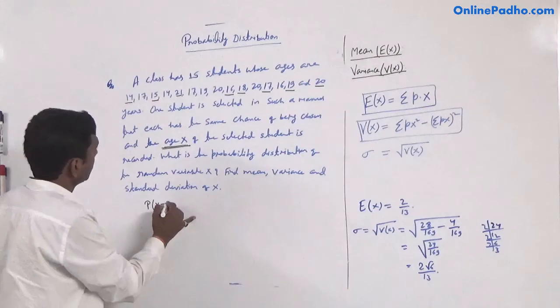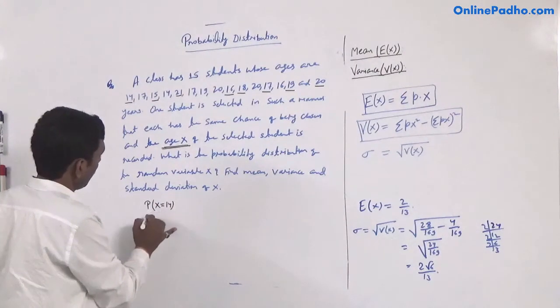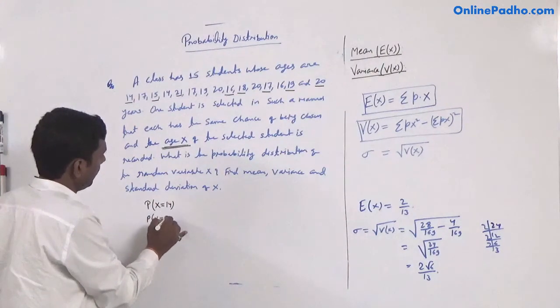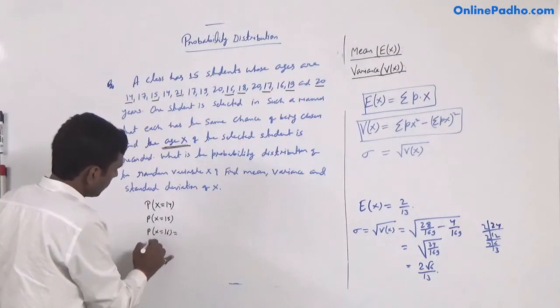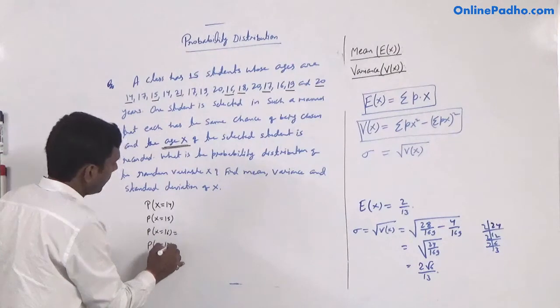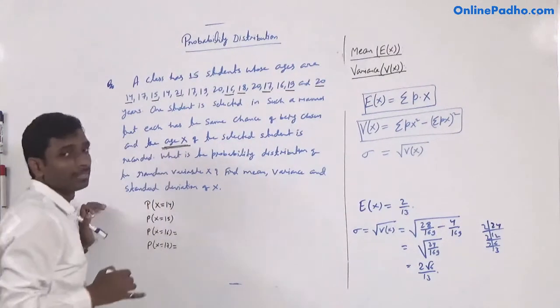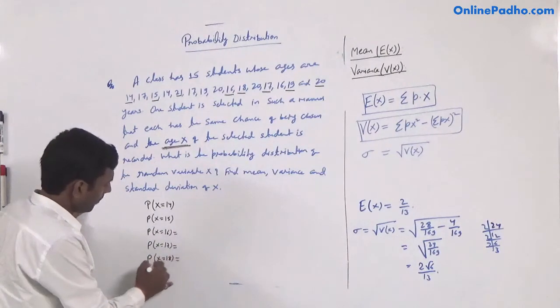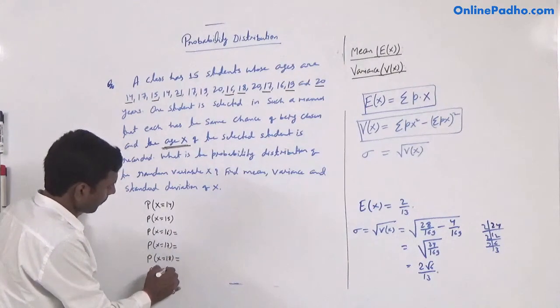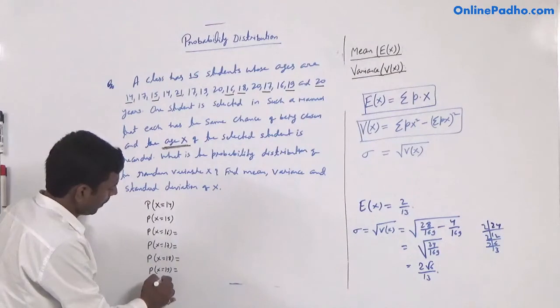So Px is equal to 14, Px is equal to 15, Px is equal to 16, Px is equal to 17, x is equal to 18, Px is equal to 19, and Px is equal to 20, and Px is equal to 21.